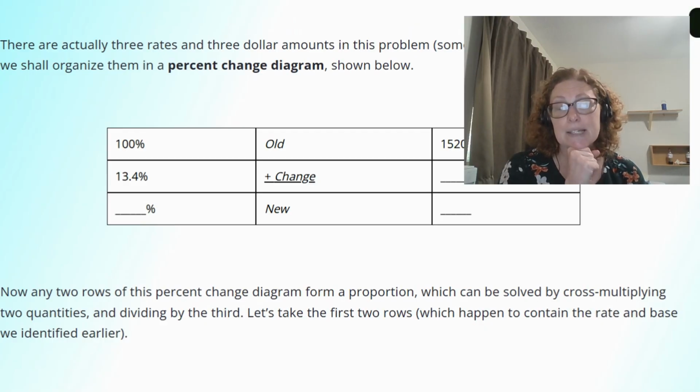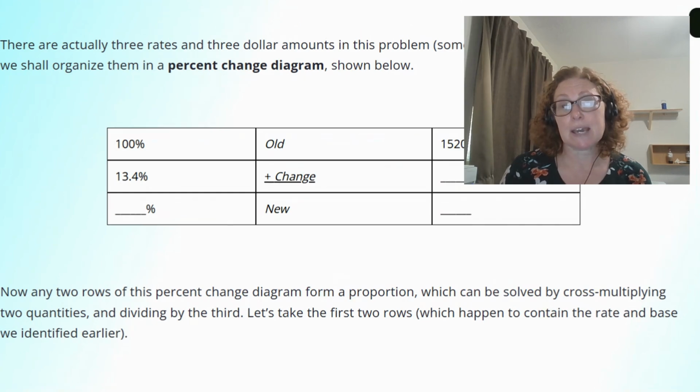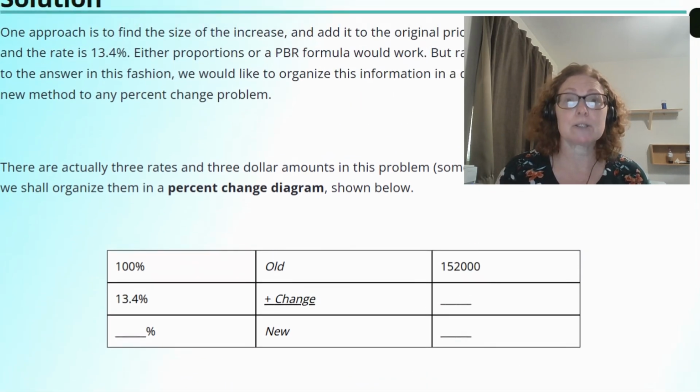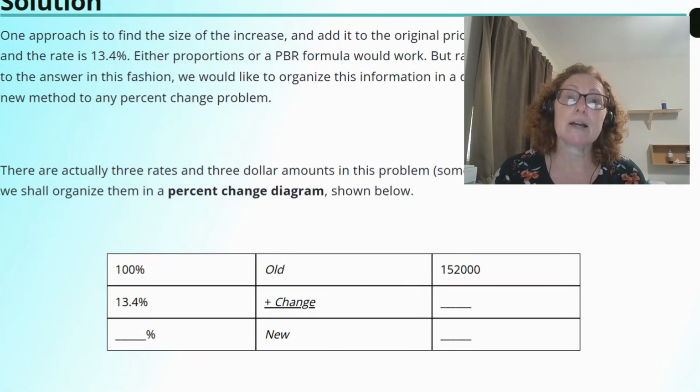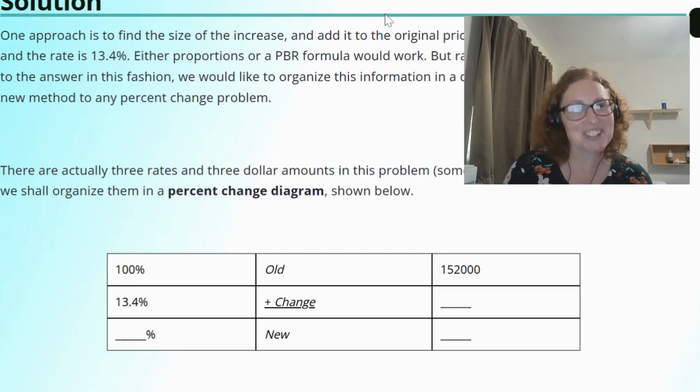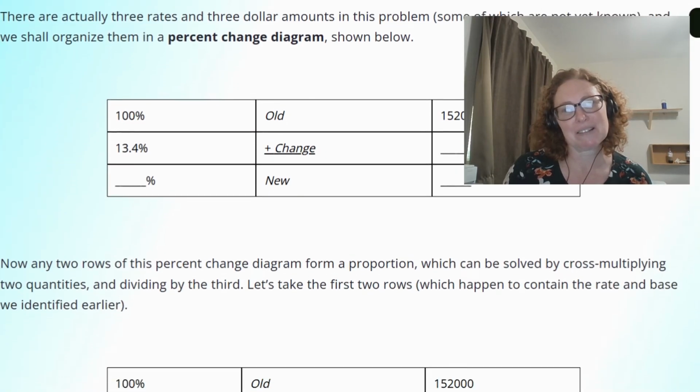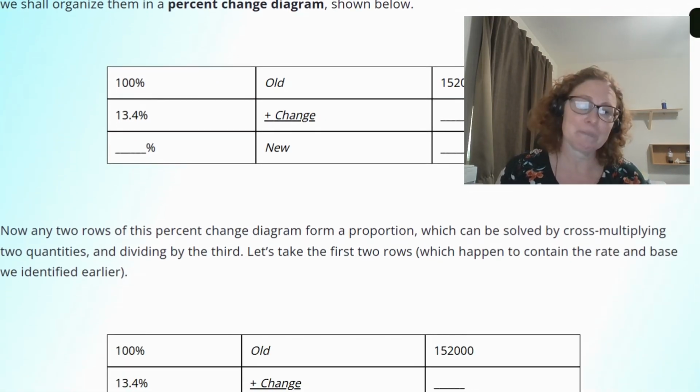Now, in some cases, that change would be subtracting. But in this case, we know, because we looked at this, that it says an increase. So make sure that when you do the problem, you know whether it's the plus or minus, because if not, that will be incorrect.